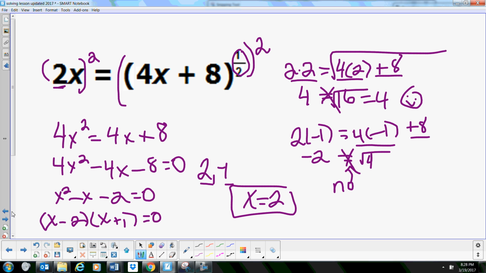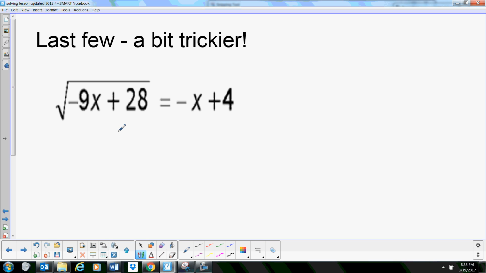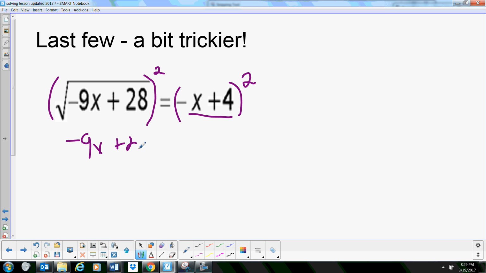There we go. Okay, so what have we got left? Just a couple that I want to show you that can tend to be a little bit trickier. So this one right here is a good one to look at. What we're going to do is square both sides. And when we square both sides, notice we're going to have to FOIL this right side out. So I'm going to get negative 9x plus 28 is equal to x squared minus 8x plus 16.